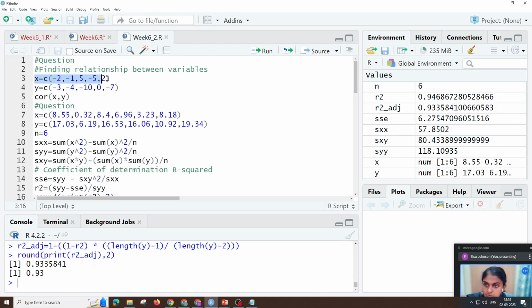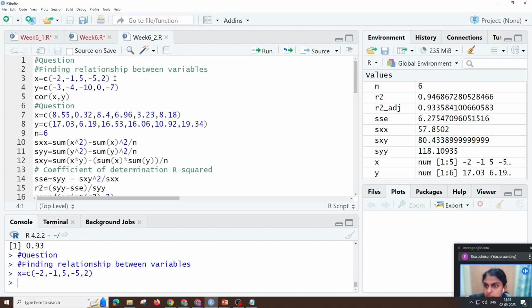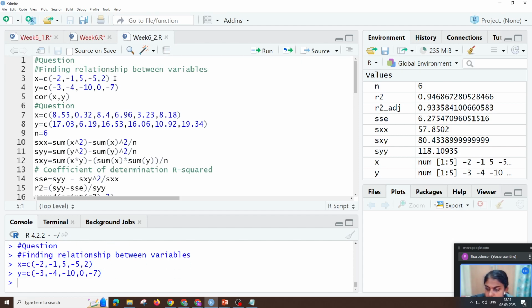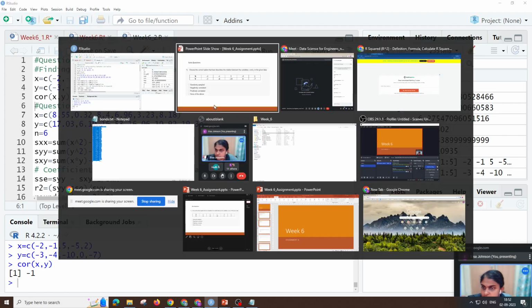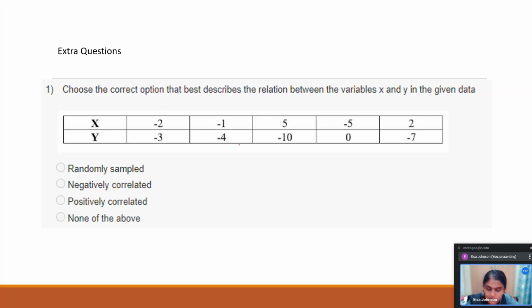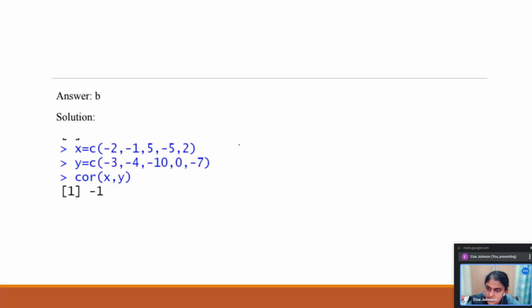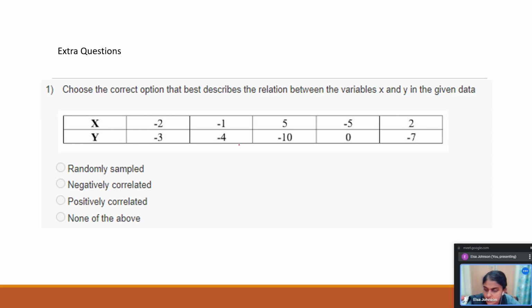X equal to this one, right, and y equal to minus 3, minus 4, minus 10. So find the correlation COR of x comma y. It's coming like minus 1. Okay, so in that case this is negatively correlated. All right, answer is B.